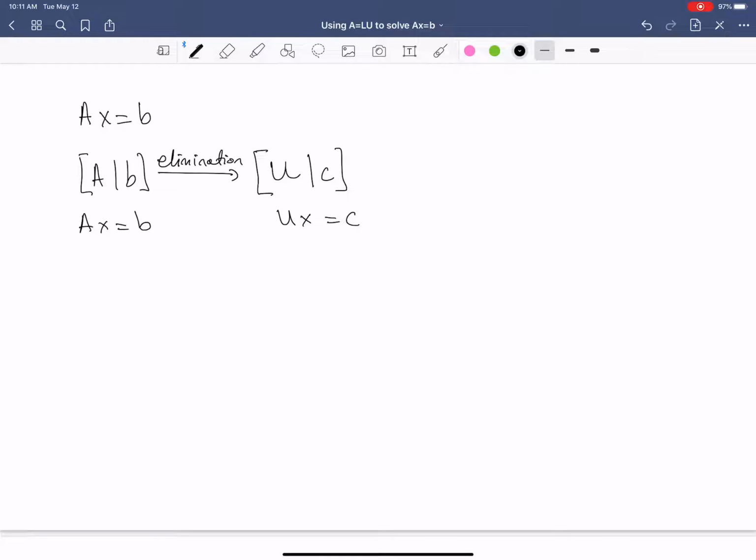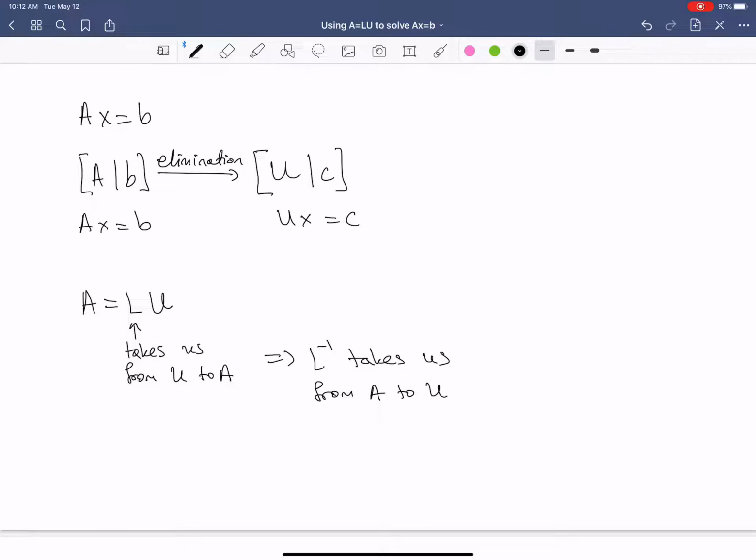Remember that when we write A equals L times U, L takes us from U to A, which means that L inverse takes us from A to U. That means that the elimination here I have written is actually multiplication by L inverse. In other words, L inverse applied to A gives me U.